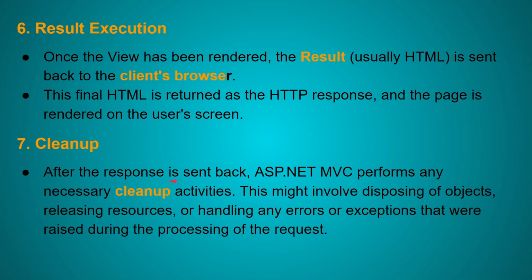After the response is sent back, ASP.NET MVC performs any necessary cleanup activities. This might involve disposing of objects, releasing resources, or handling any errors or exceptions that were raised during the processing of the request.